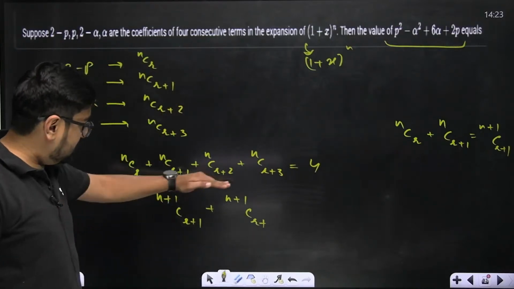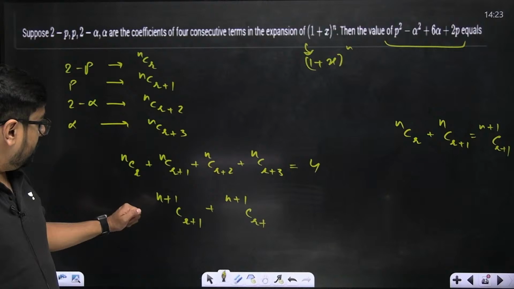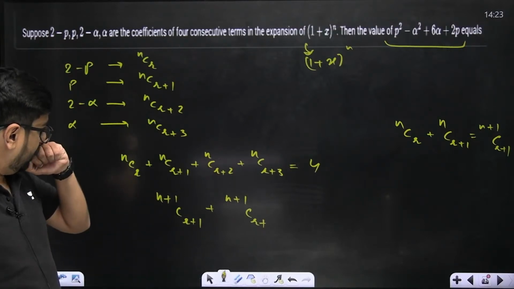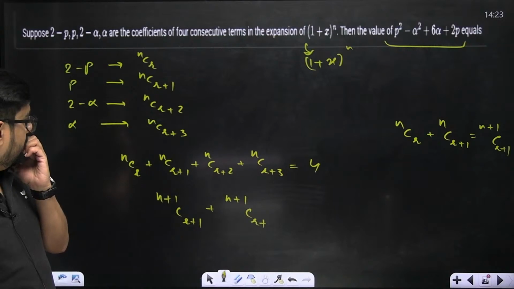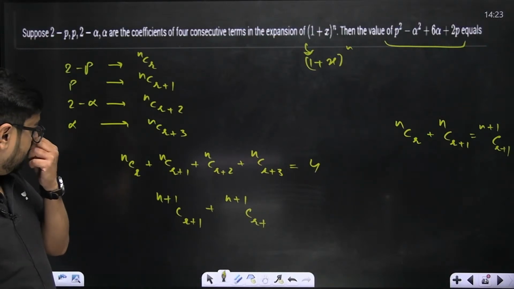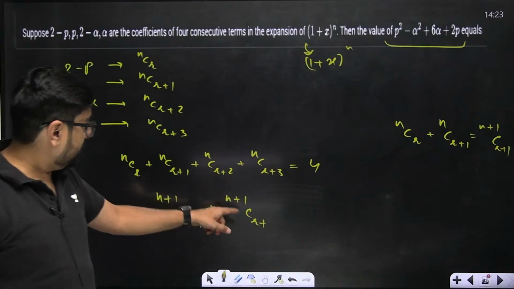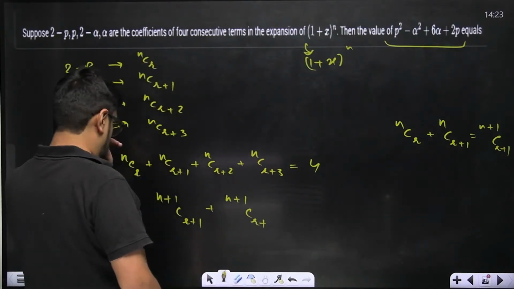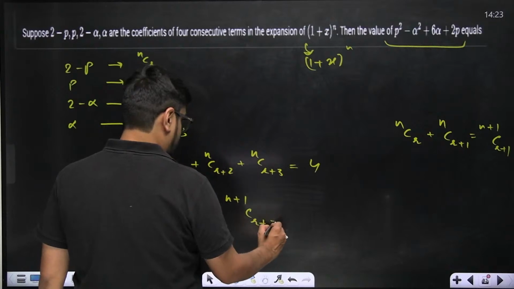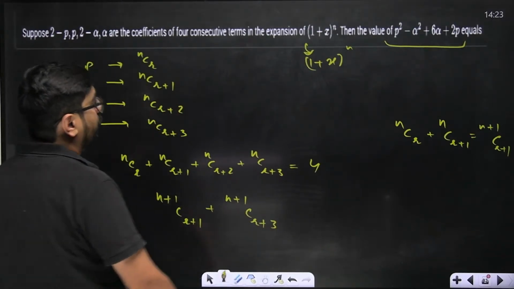Now see, n is same, r is increasing by... wait, some problem is coming. n plus 1 C r plus 3 it will become, yeah. So, okay, no problem. This is equal to 4.